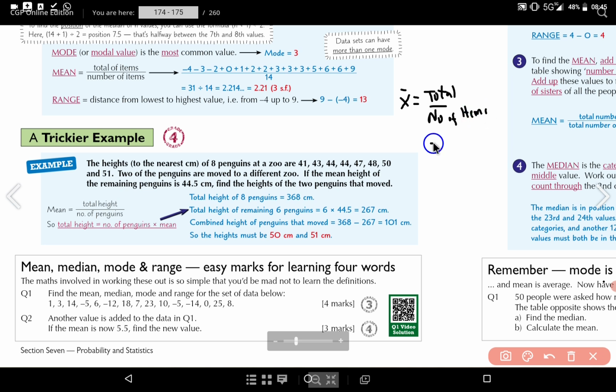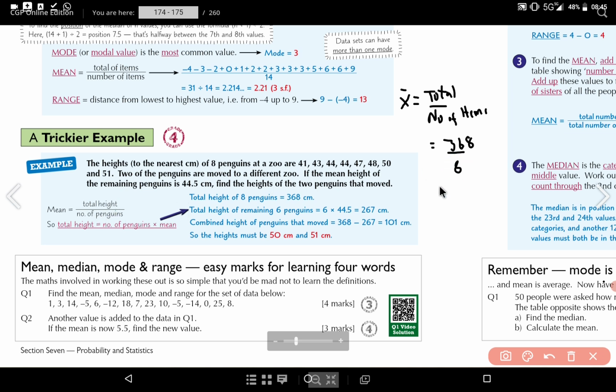So the total will be the total height, adding all these. When we add these, we get 368. Just going over the example. Then the number of penguins, how many penguins? There are 8, we are told 8 of them.